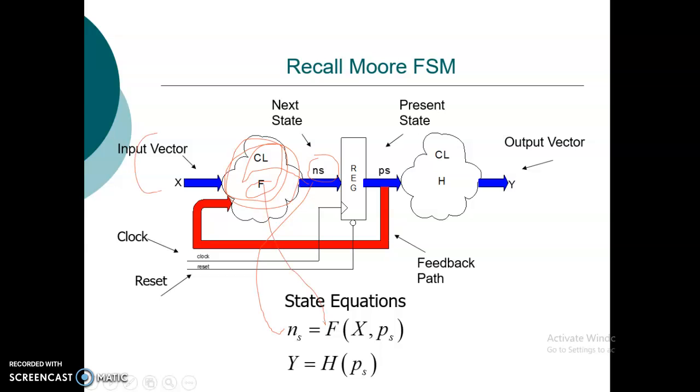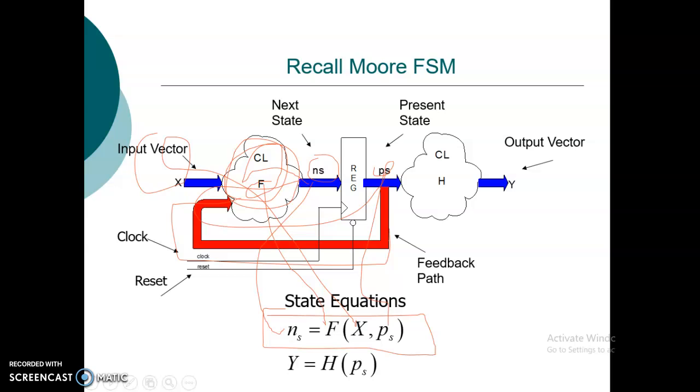Input vector already we have seen. And then this negative feedback, no? PS. Here PS coming, no? This PS also here coming. So this PS here. Present state. So next state equal to function of X comma PS, present state.